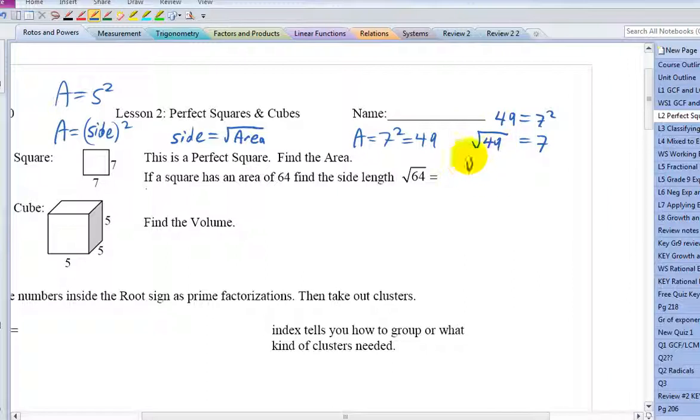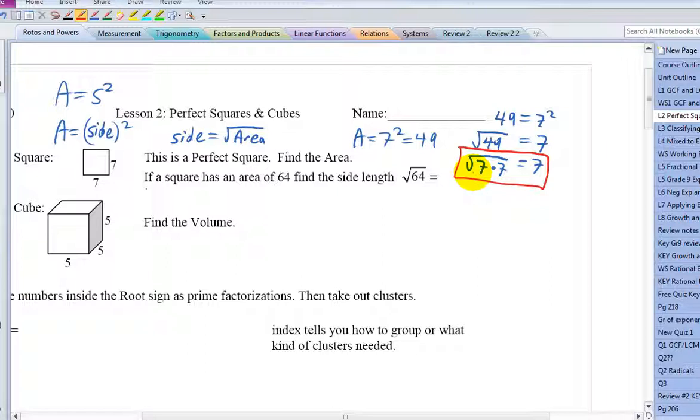But square root 49, we can write a different way. How else can we write 49? 7 times 7. Okay. So what we have is two equivalent values. The value of 7 equals square root 7 times 7.